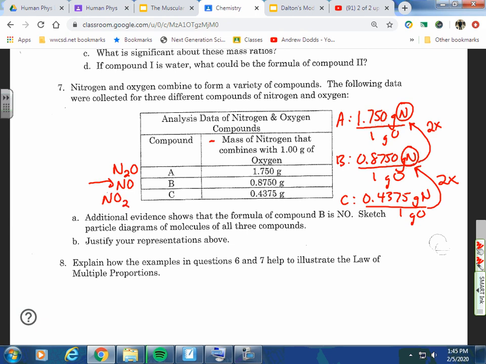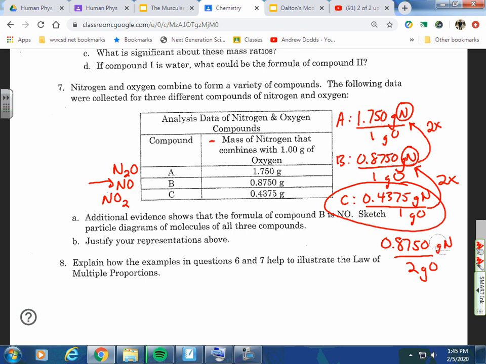Make 2 oxygens. If I make 2 oxygens, really what I'm doing to this ratio right here is just doubling everything. I'm saying the mass of the nitrogen is really like problem B, 0.8750. But now what I'm doing is doubling the mass of oxygen.